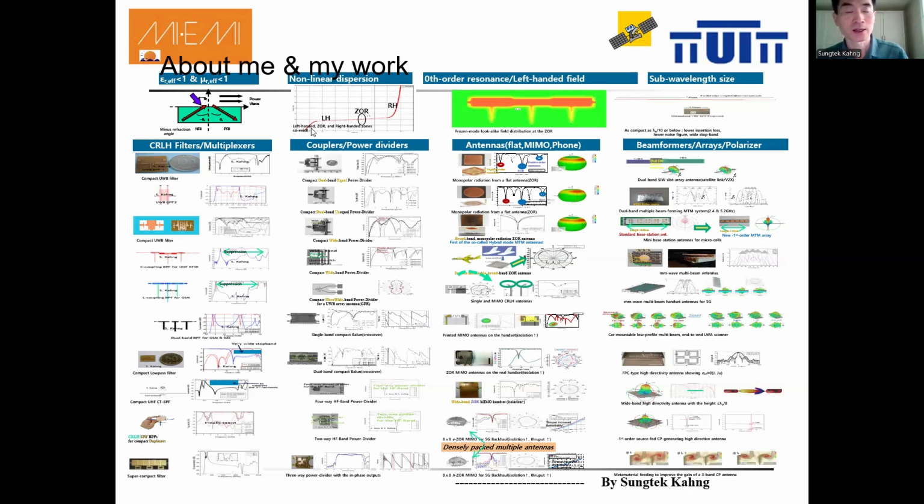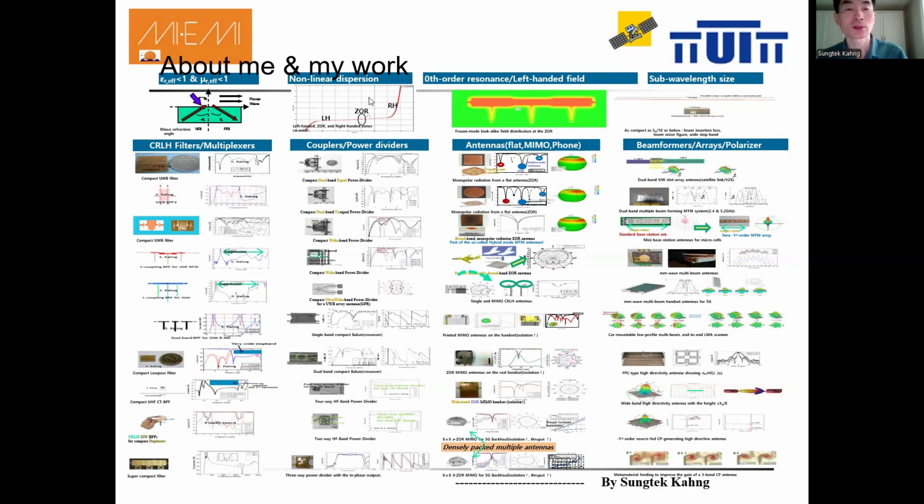And I all the time check whether my antennas or microwave or millimeter wave components are working as designed or as planned by checking the dispersion curve, which most of the time appears in the metamaterial field.